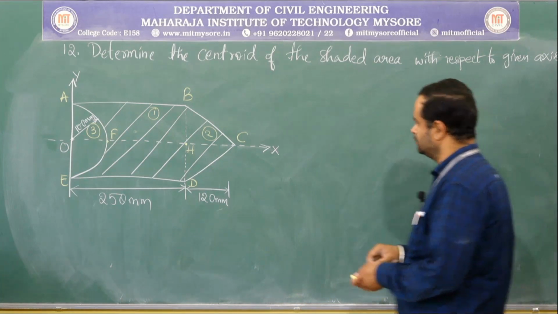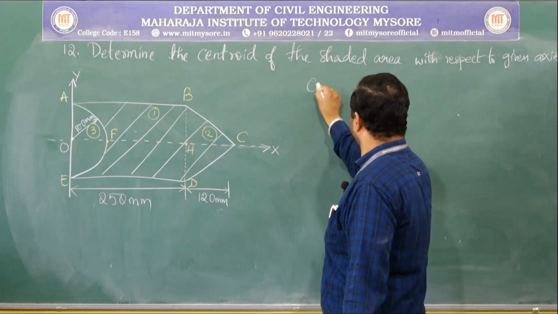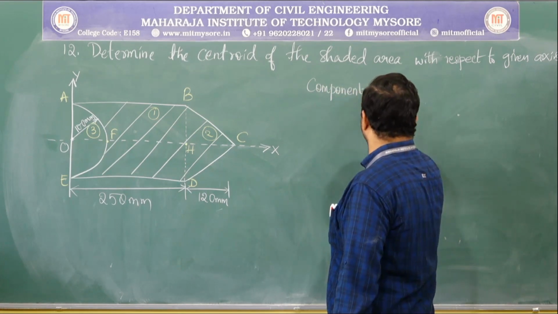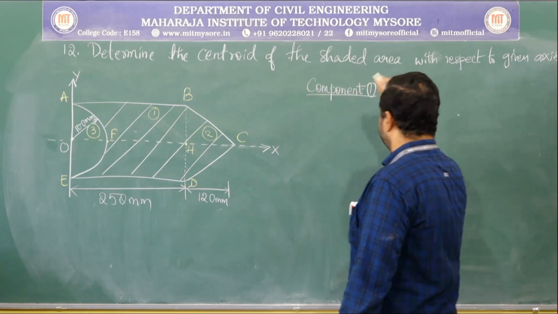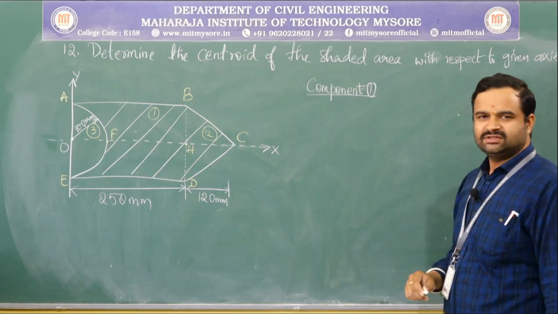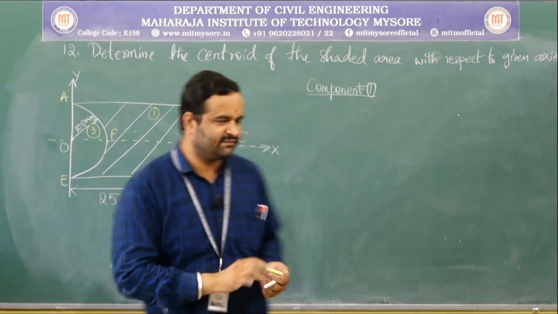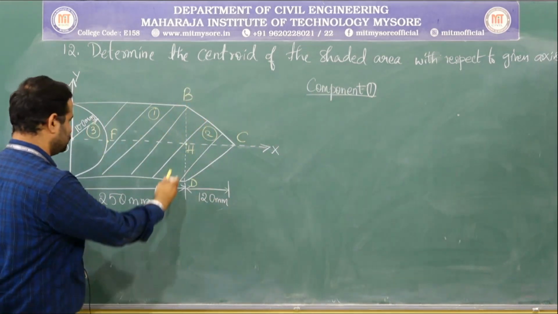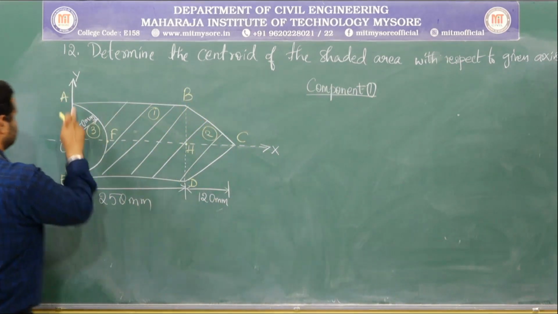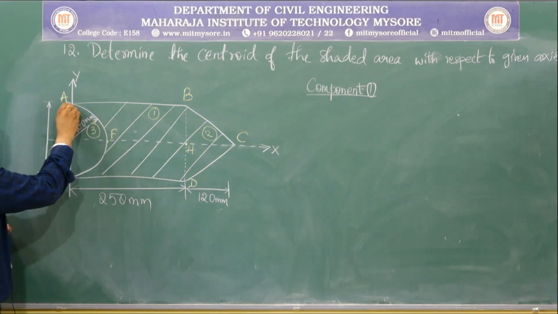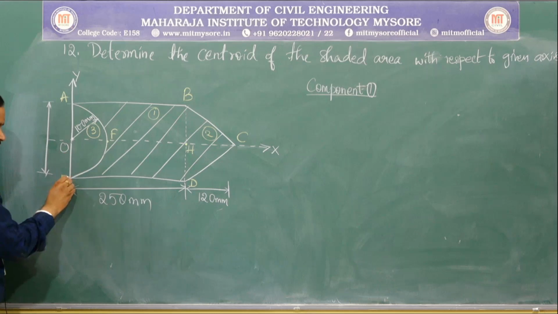Component 1. Which is component 1? Component 1 is a rectangle. Do we know the dimensions of the rectangle in this figure? We know it is 250 mm. What about this? Using this radius as 100 mm, this will be 100 and this will be another 100.